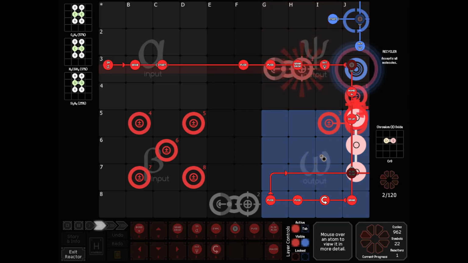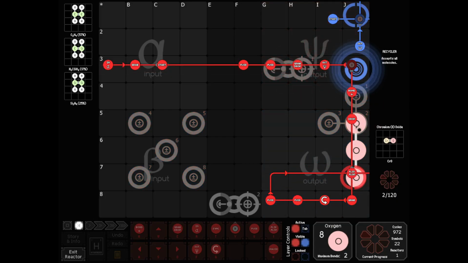Why does it? Because right now there's an oxygen chain sitting here. You can't just output this at any time other than between this bond and the drop when coming from the top.